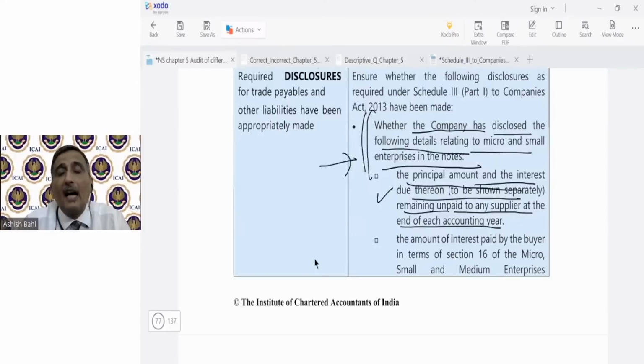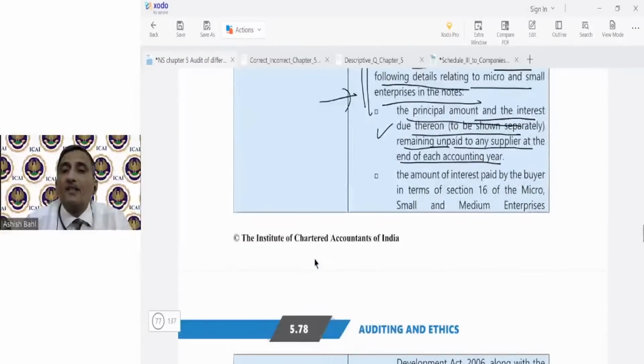Because students, I have told you that if an enterprise is a micro or small enterprise and the company doesn't make the payment to the micro and small enterprise within the stipulated time, then it has to pay interest. Okay. So the principal amount and interest due thereon. The amount of interest paid by buyer in terms, and how much interest has been paid.